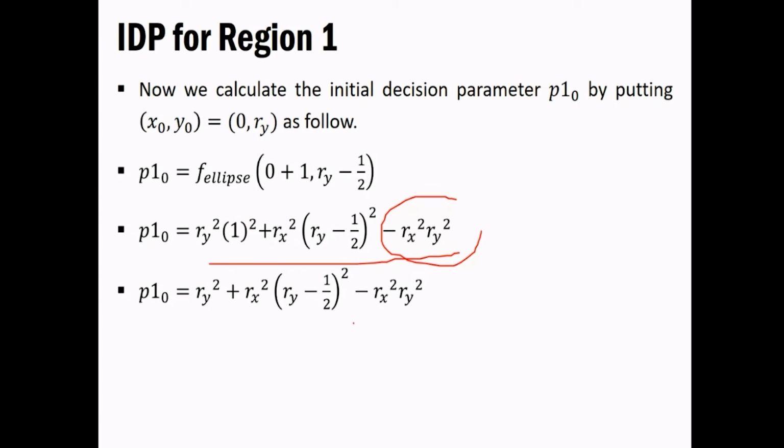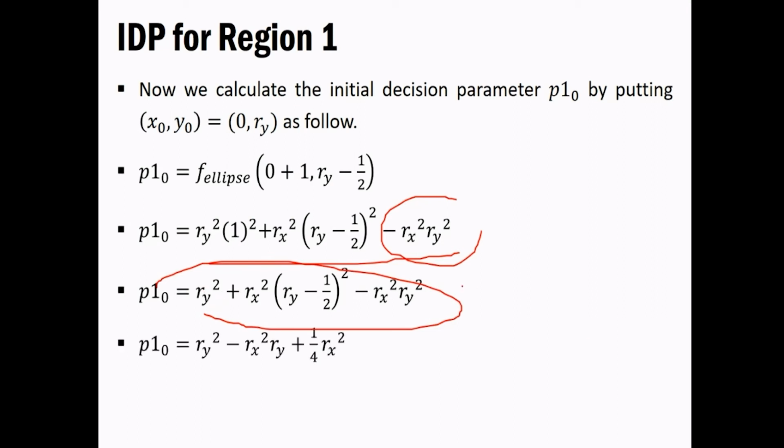Now the next thing that we get out of this is that a similar simplification process is applied over here, and that is what you have to do. And we have this thing with us. Okay, that is ry square plus rx square, and then the remaining things. Simplifying it further, you'd be getting this value, that is ry square minus rx square ry plus 1 upon 4 rx square.